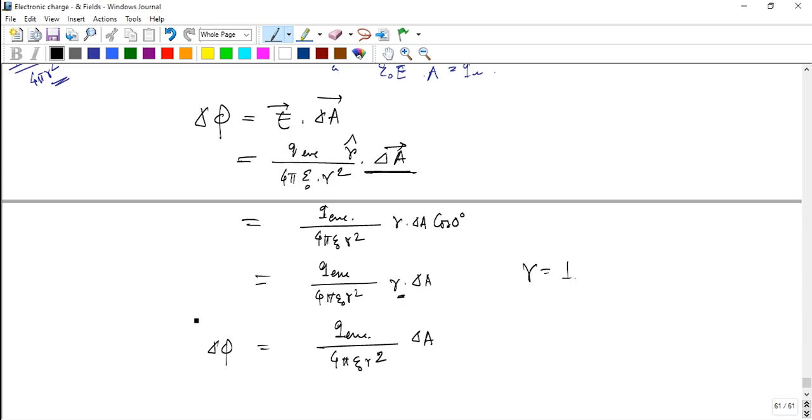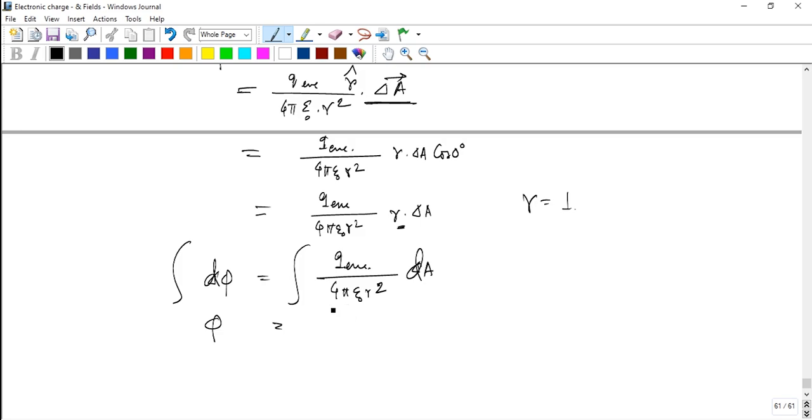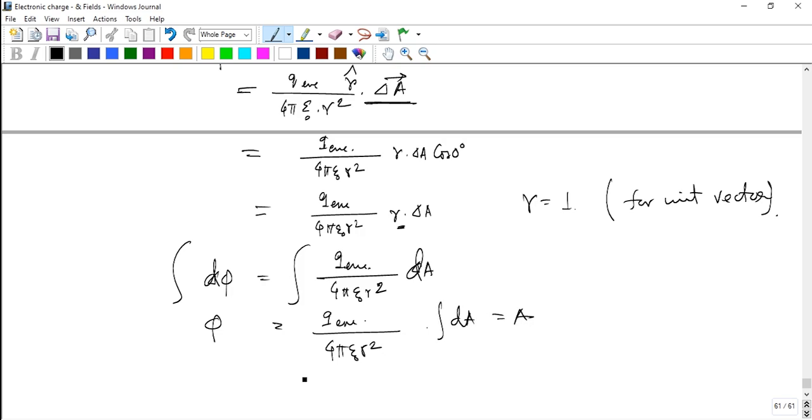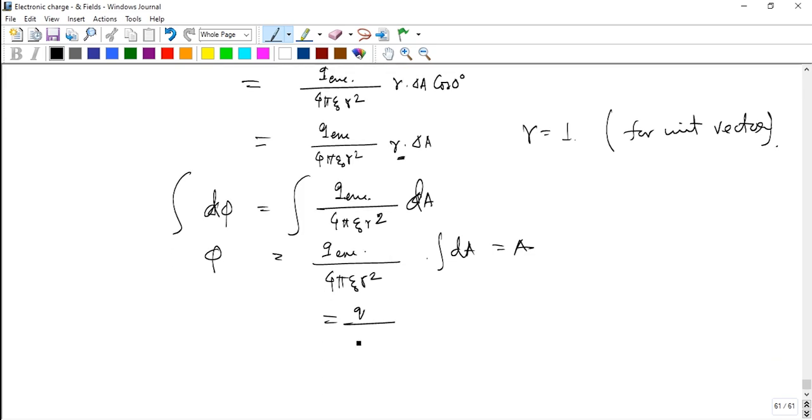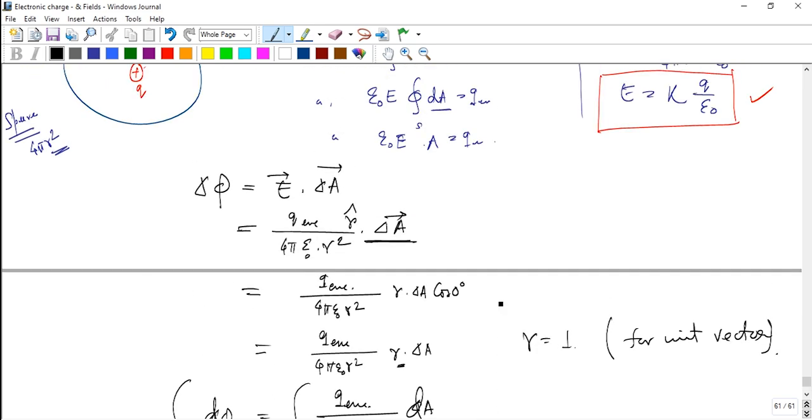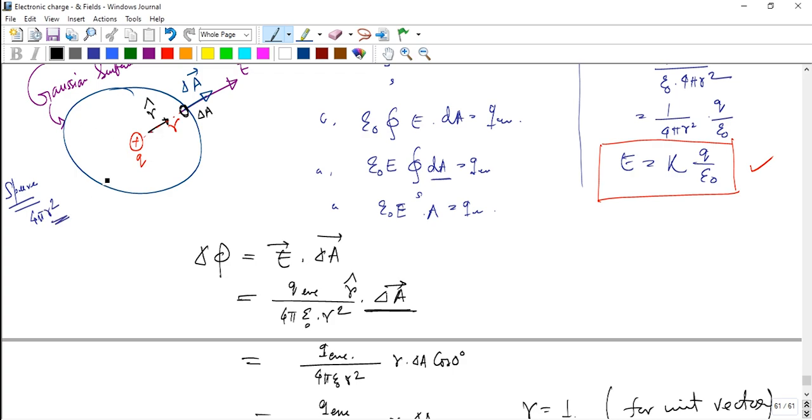If I put a limit, converting delta to d, and integrate to get phi, we get q enclosed by 4 pi epsilon naught r square, times the integration of delta A, which is A. A is the surface of the sphere, whose curved surface area is 4 pi r square.